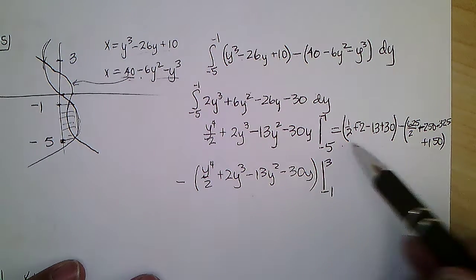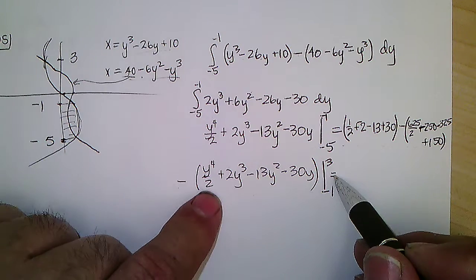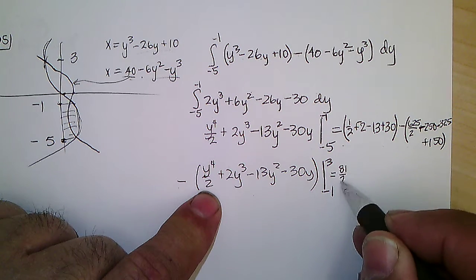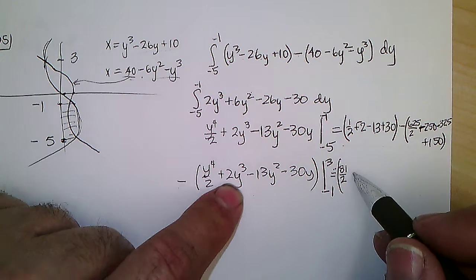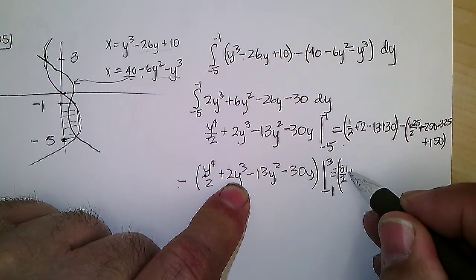And then get that answer, and then I have to do this one, which would be 81 over 2. And we have to take the negative of all this. And this would be 54.